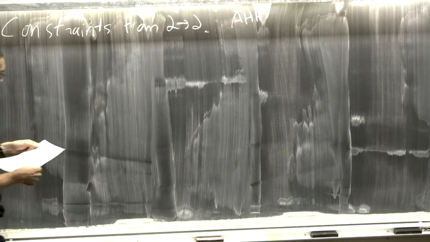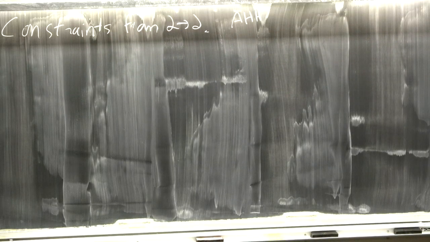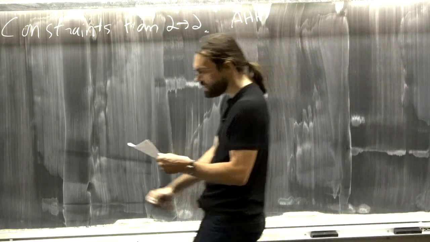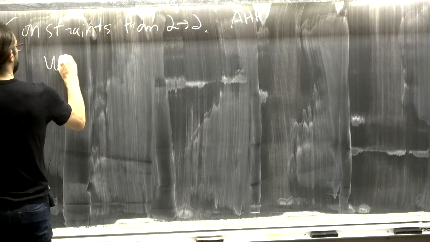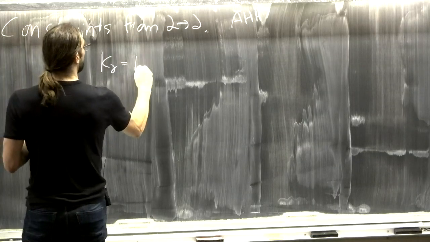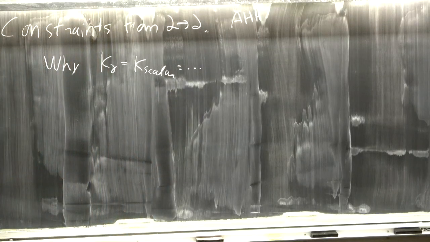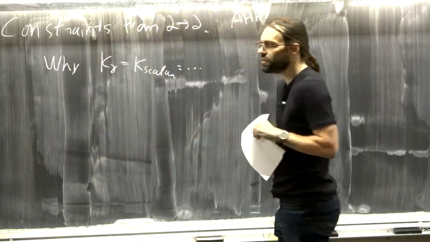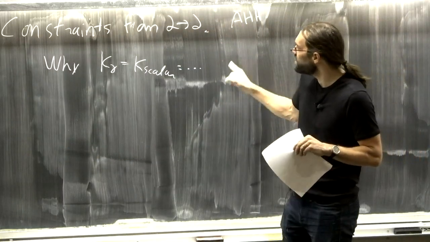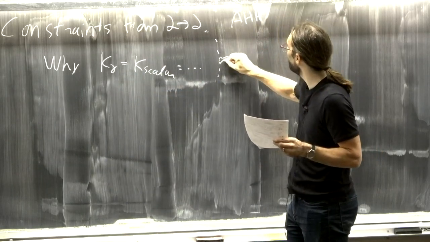So the basic question is, we had an argument based on the soft limit for the universality of couplings, but I'm going to give another argument. Why, for example, is the coupling of gravity to a photon equal to that to a scalar? The way this other line of argument will work is that, in principle, the thing you would like to know is what's the force between a photon and the sun.